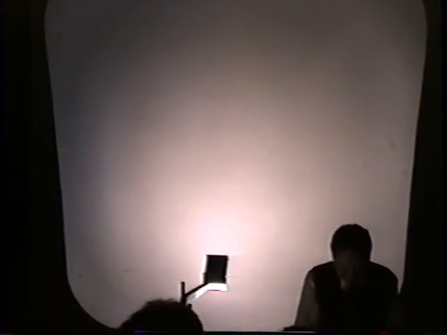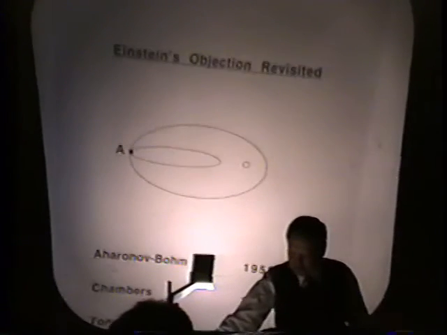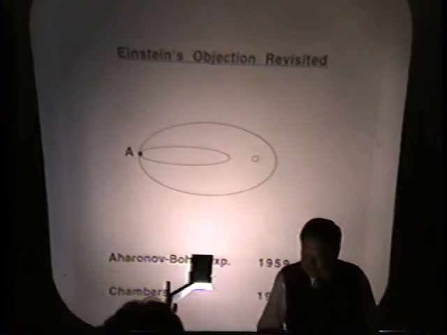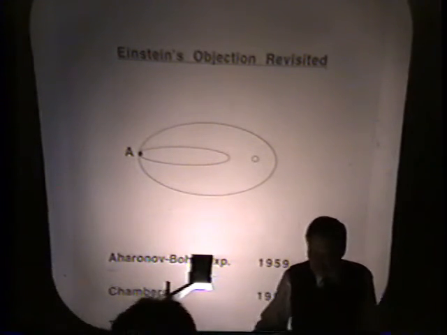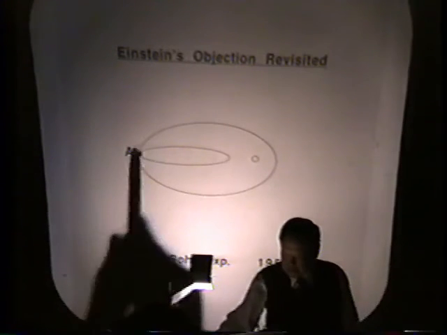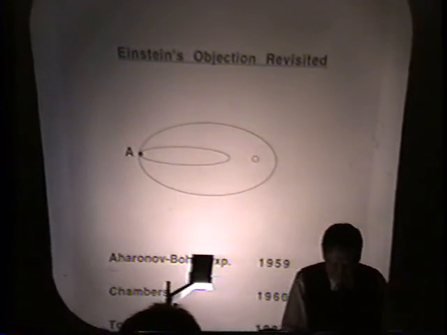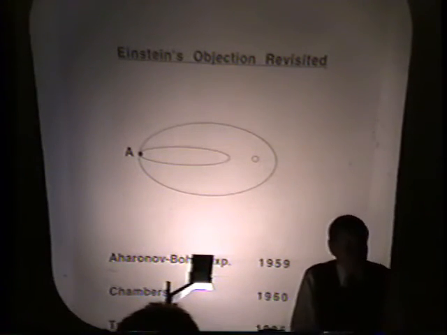Now I want to make a very important remark about revisiting Einstein's objection. Einstein said that if you bring two meter sticks back to the same point, they would have different lengths.